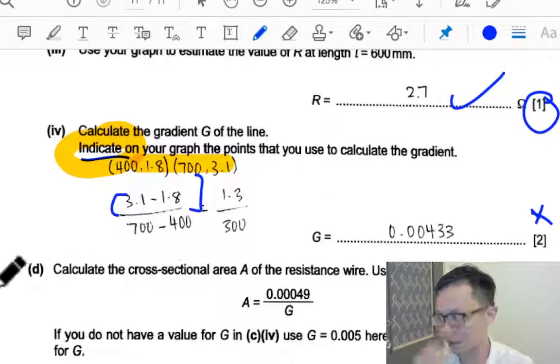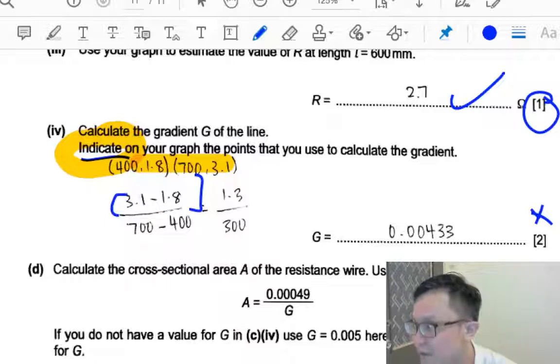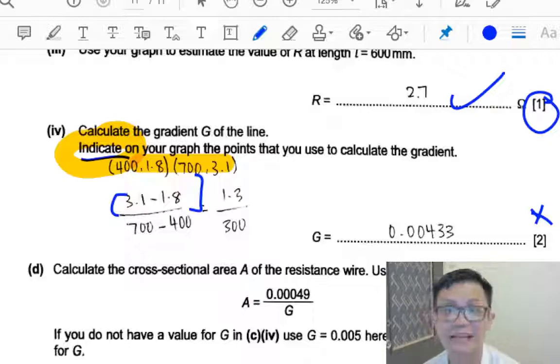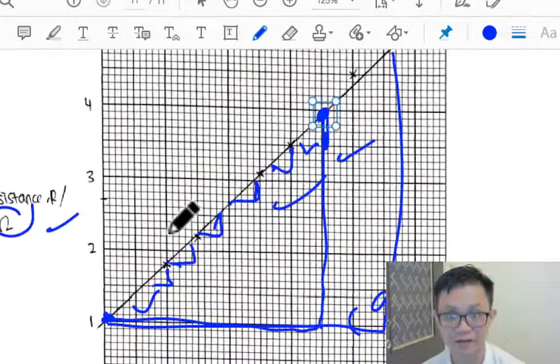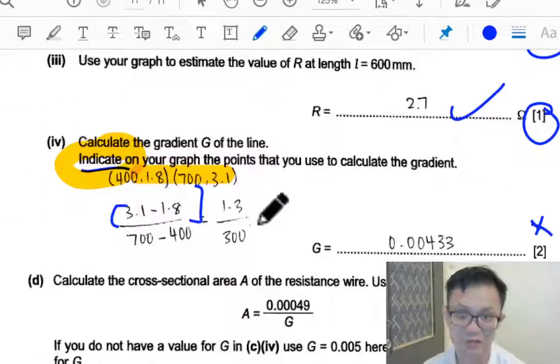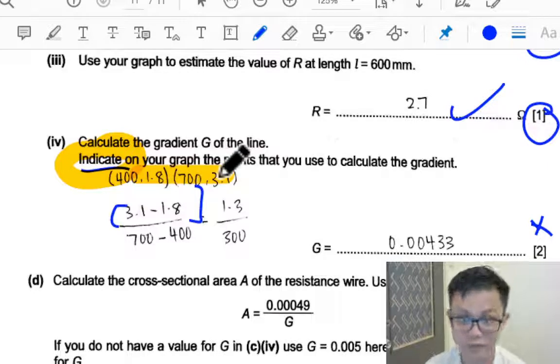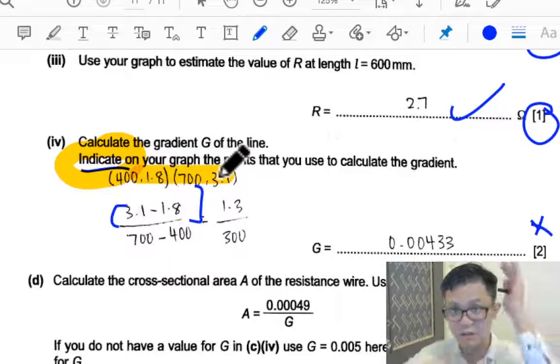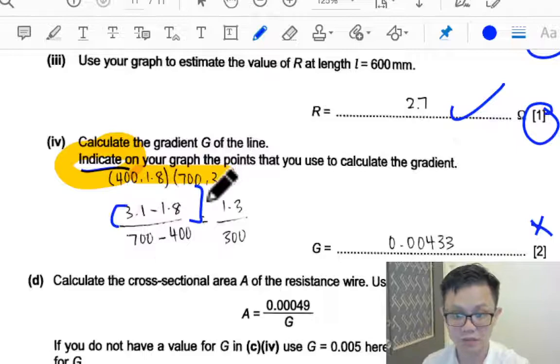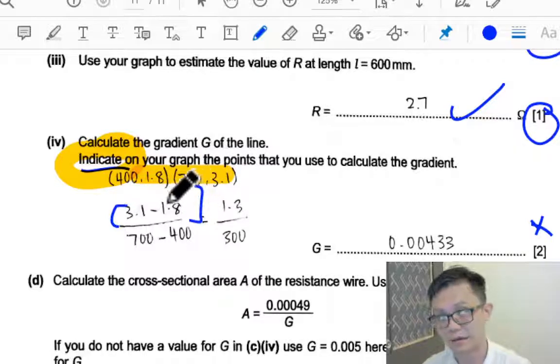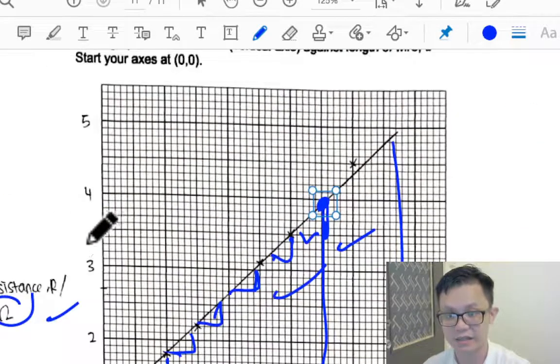It must be in the marking scheme. Let me read. The marking scheme says: indication on graph of points chosen, extending over at least half the line length. At least half of this line. Okay? So be careful. I don't want you to lose marks because of this question. Make sure your graph is big, and then you do y minus y over x minus x.